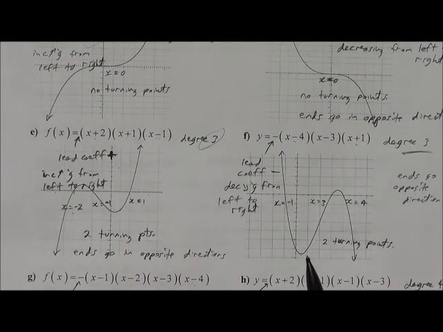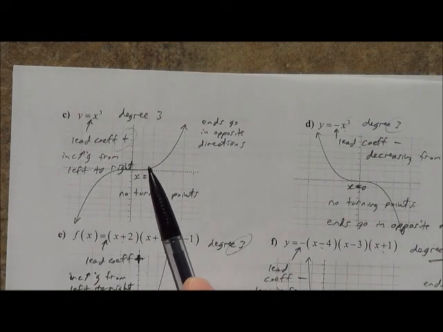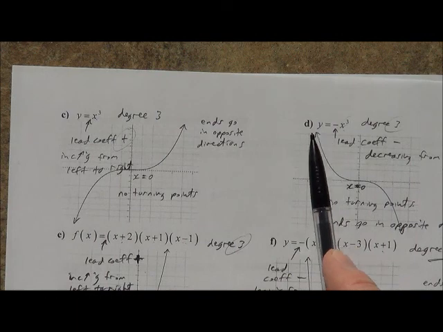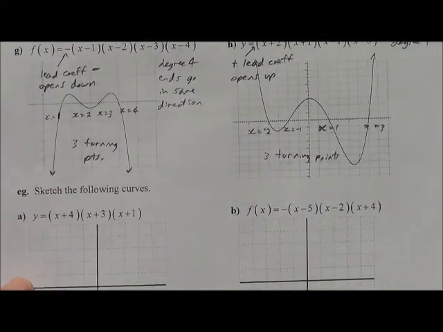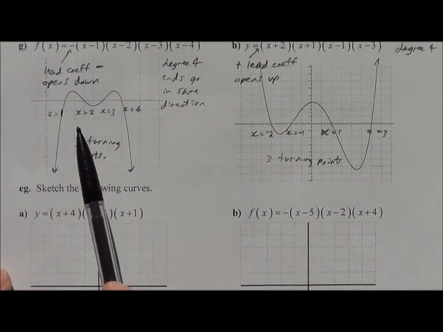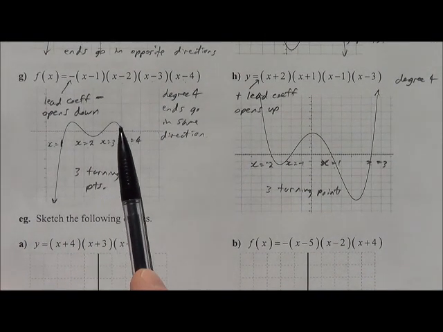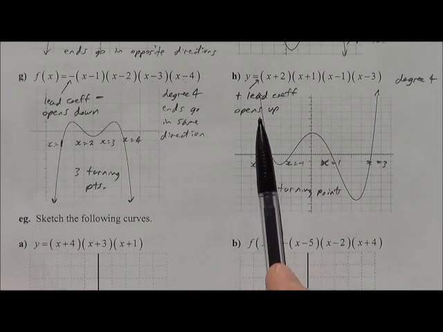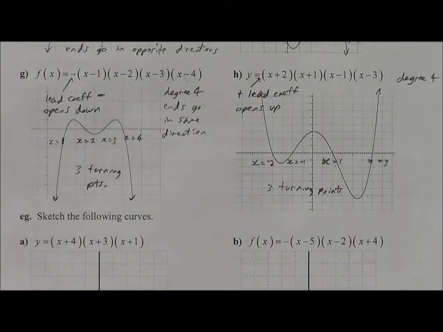However, these cubics actually don't even have a turning point. Okay, something else to pay attention to. And then here for the quartics, degree 4, 1, 2, 3 turning points. And this quartic also, degree 4 obviously, 1, 2, 3 turning points. Okay, so just some things to think about here.